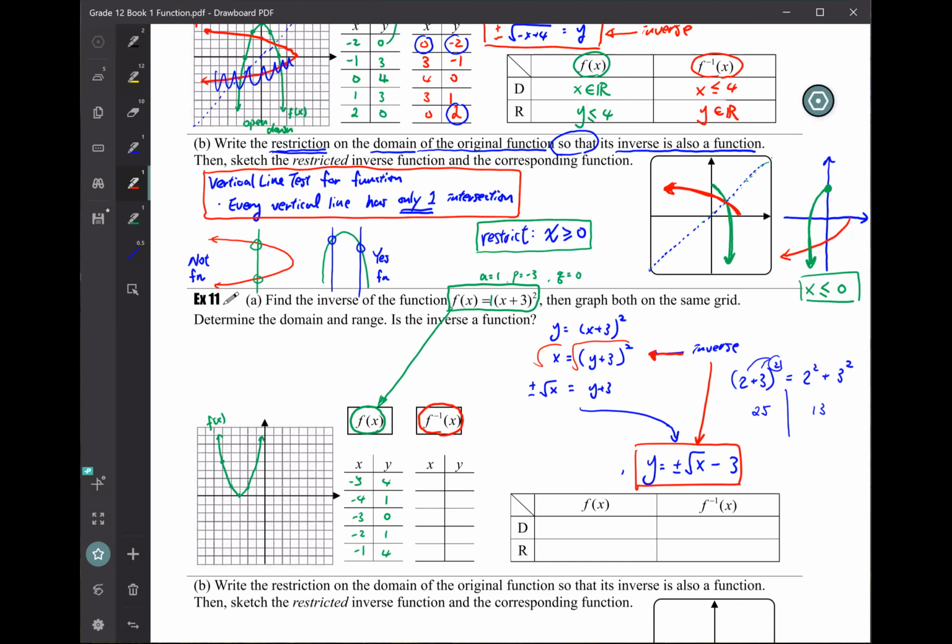Does anyone have questions? How to get a table? Kylie, do you know how to get a table for the red? I think so.